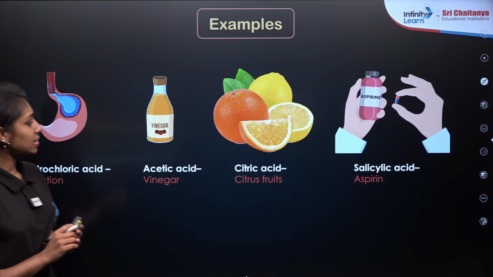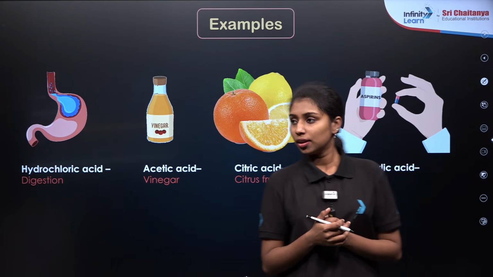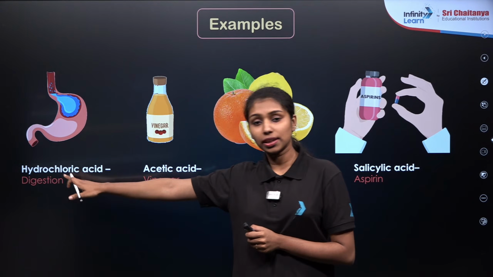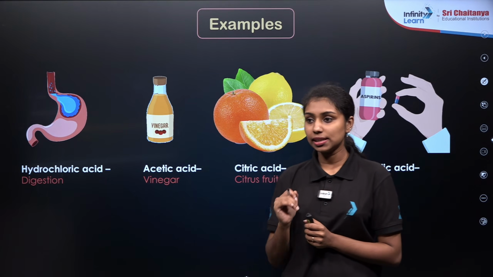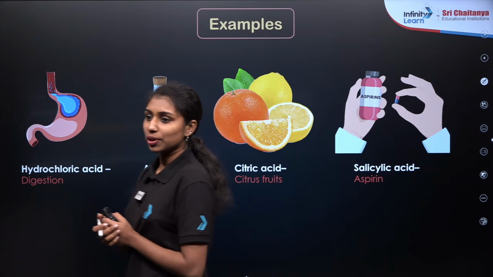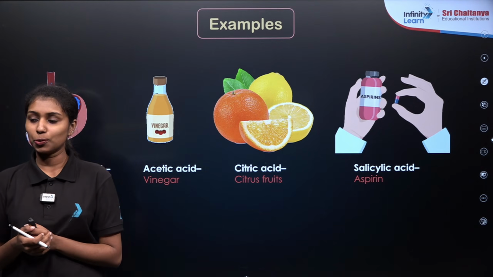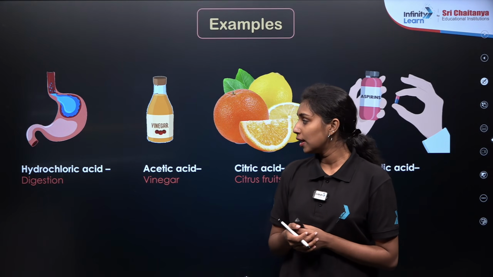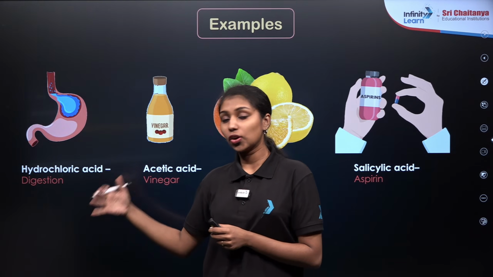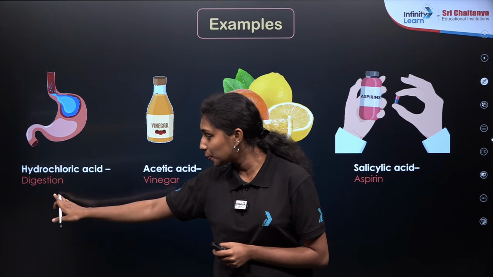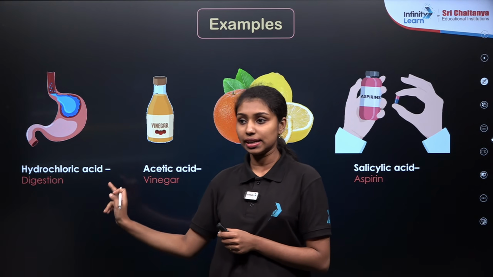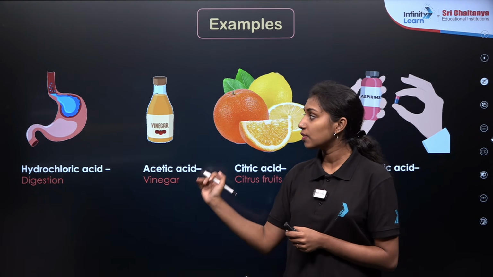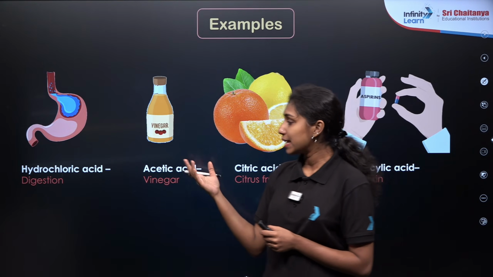Here are some examples of acids. In our stomach there is one acid present, which is hydrochloric acid, HCl. Yes, Arush, you are correct. Arrhenius theory, Brønsted theory and Lewis theory are the 3 important theories based on acids and bases. Then this is acetic acid, vinegar, which is commonly used in our home as a preservative.